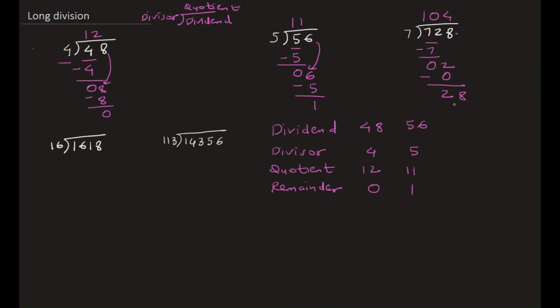So I write 4 in the quotient space. And 4 I multiply with 7, subtract that product from 28, answer is 0. So in this case, the dividend is 728. The divisor is 7. Quotient is 104. Remainder is 0.